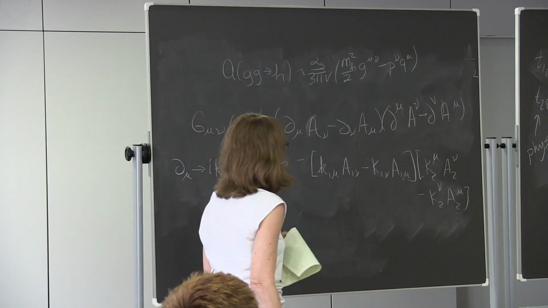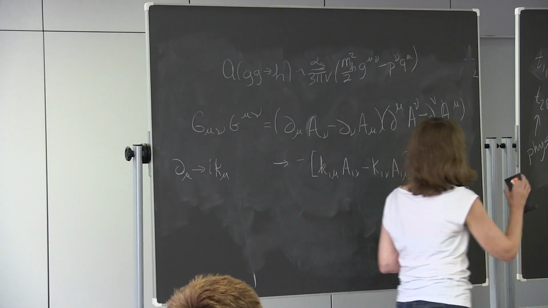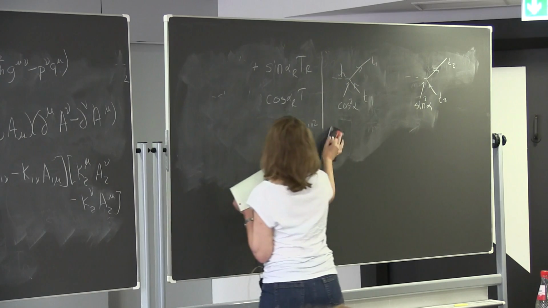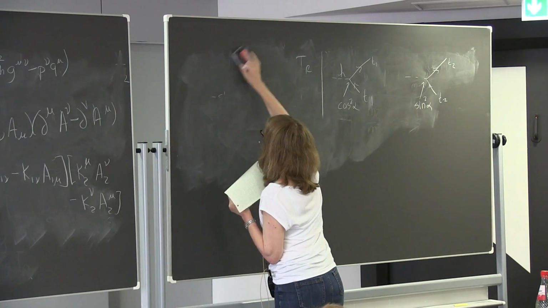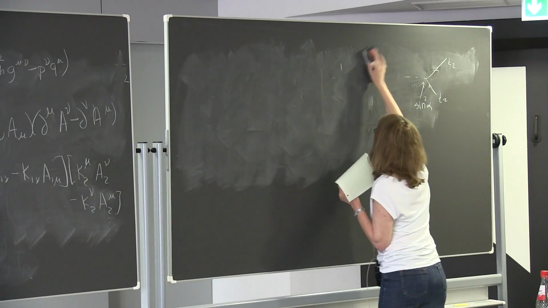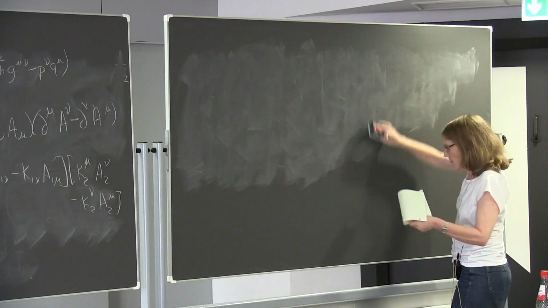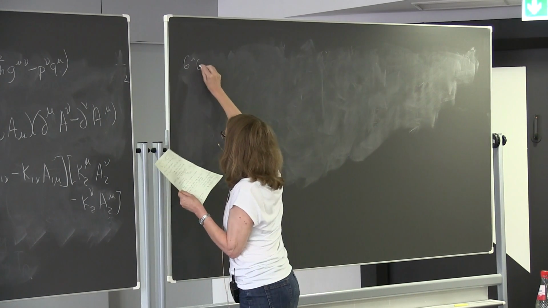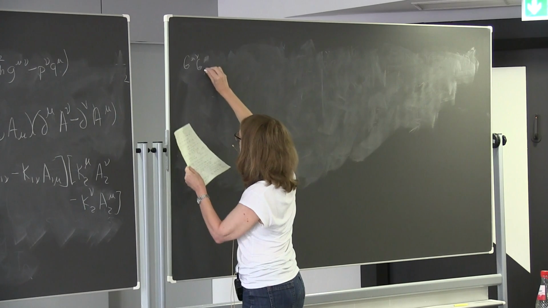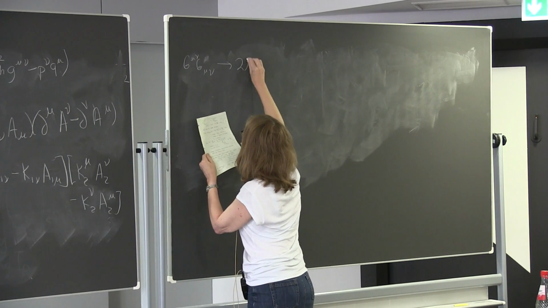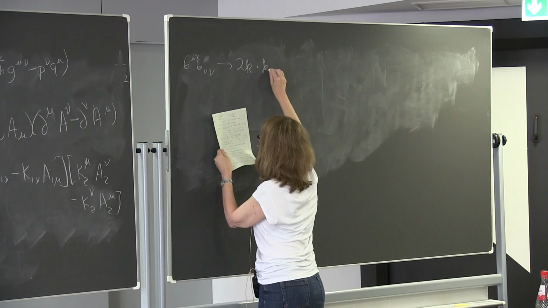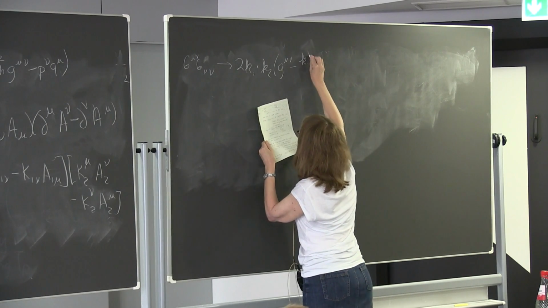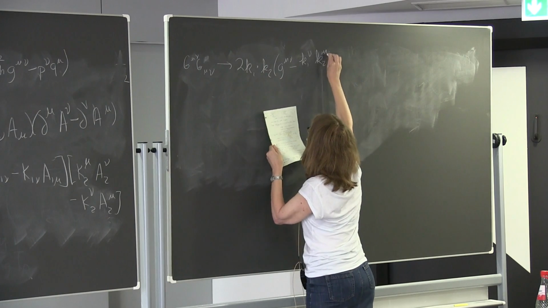Okay, so you can play around with your algebra here, and you can show that this G mu nu squared just goes to 2 k1 dot k2 times g mu nu minus k1 nu k2 mu over k1 dot k2.